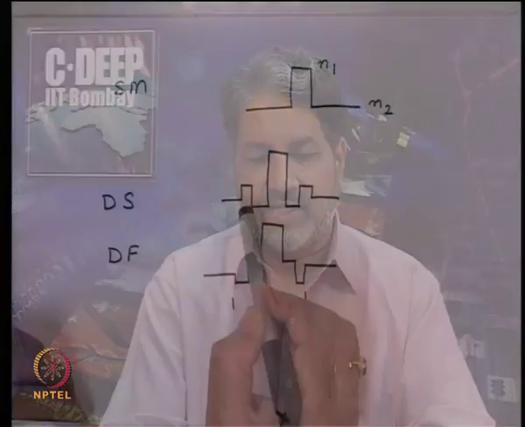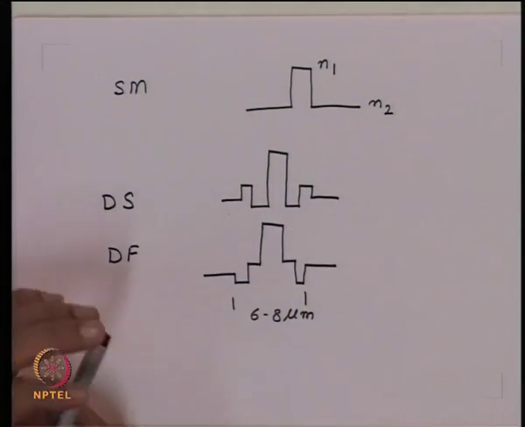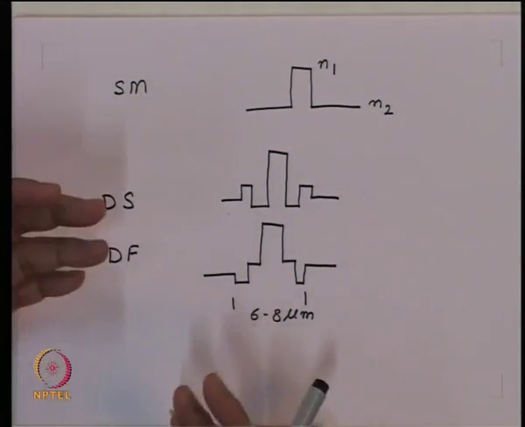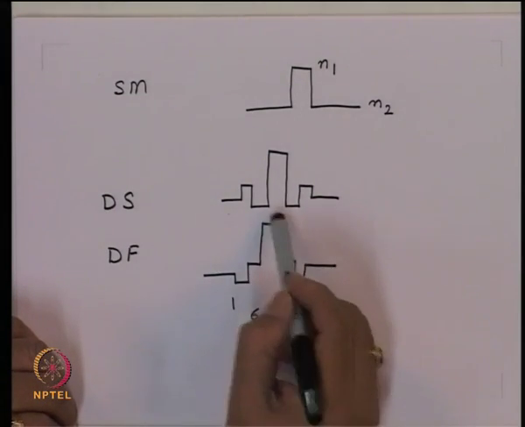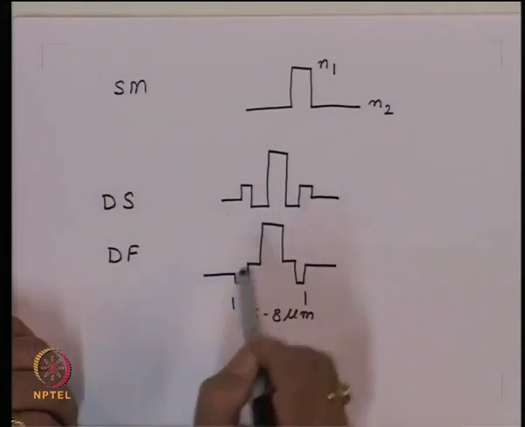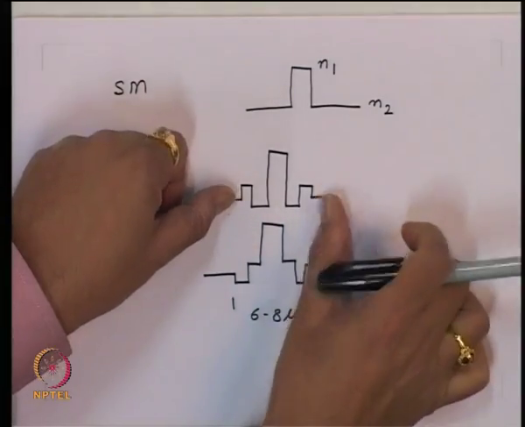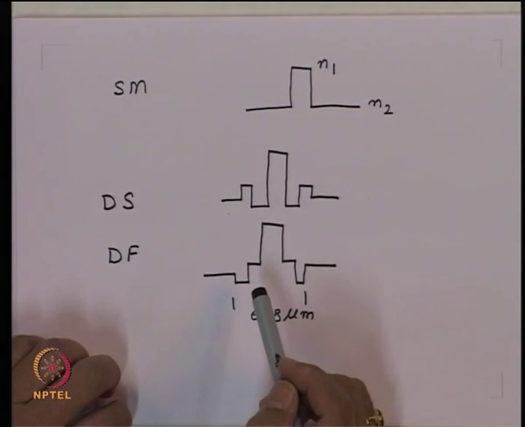But if we have a refractive index profile which is complex like this, what is N1 and what is N2? In fact, there is not a single core here. One can say you are having multiple shells. The whole thing from here to here we now call the core.